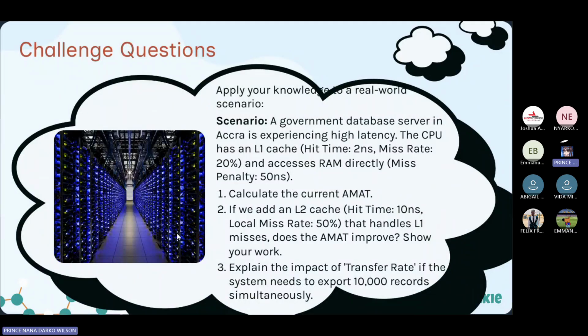Has anyone computed the answer to number one? Ladies and gentlemen, are we sleeping or are we here?